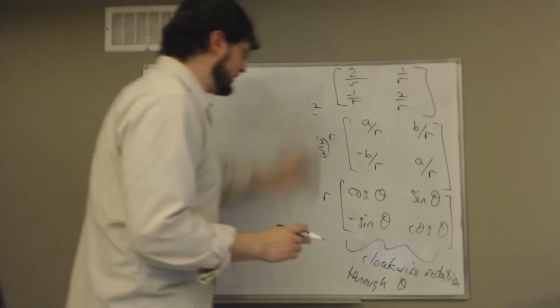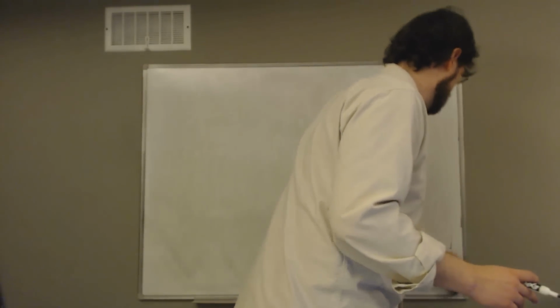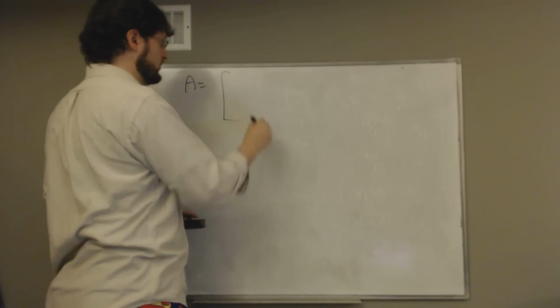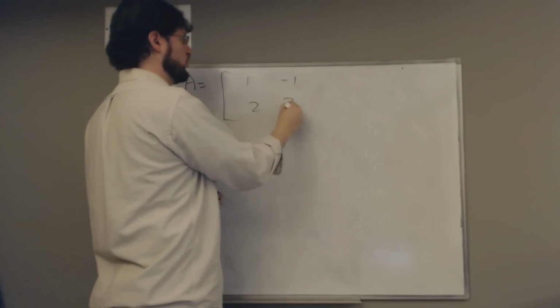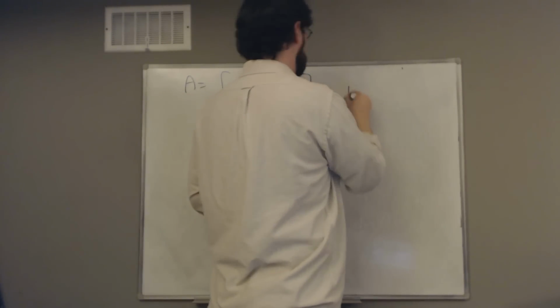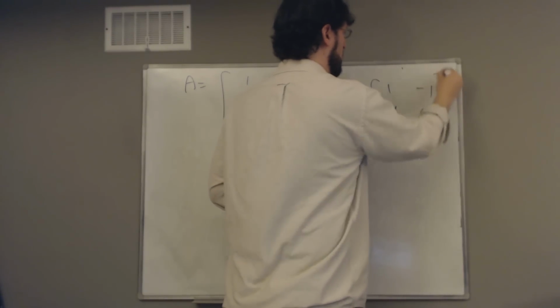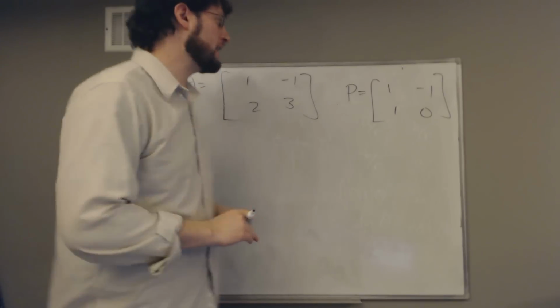So let's just back up and remember where we are and what we discovered here. We started with the matrix A: 1, minus 1, 2, 3. We calculated the matrix P, which was 1, minus 1, 1, 0, through the real and imaginary parts of a complex eigenvector.